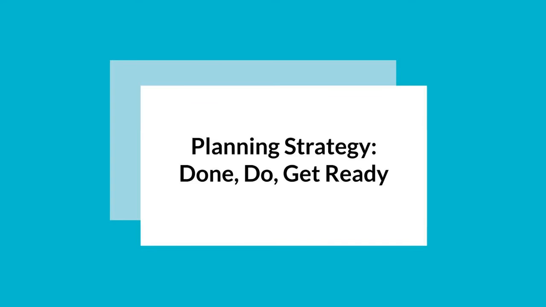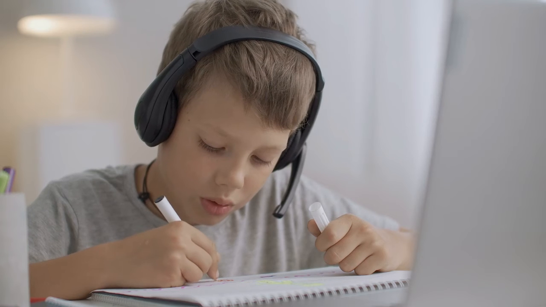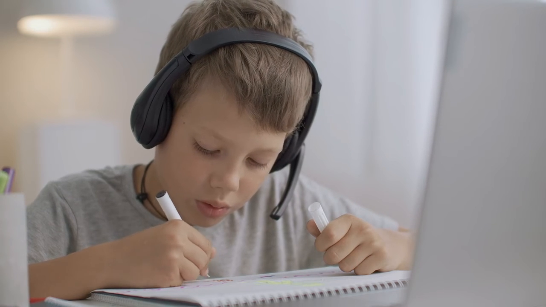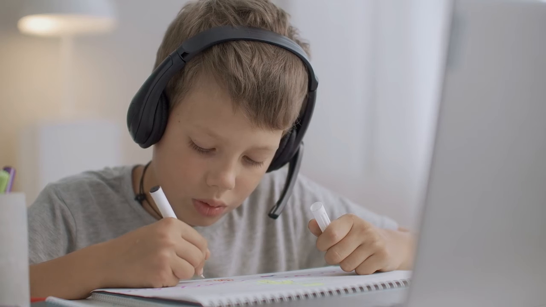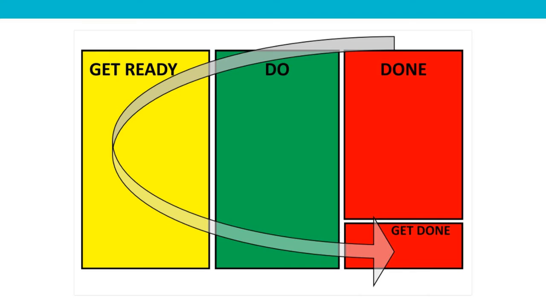Planning strategy: done, do, get ready. This planning strategy, developed by Sarah Ward, provides a concrete template for beginning with the end in mind and working backward for task completion. It's vital that students always begin with done by visualizing, writing down, or sketching the end product or result.